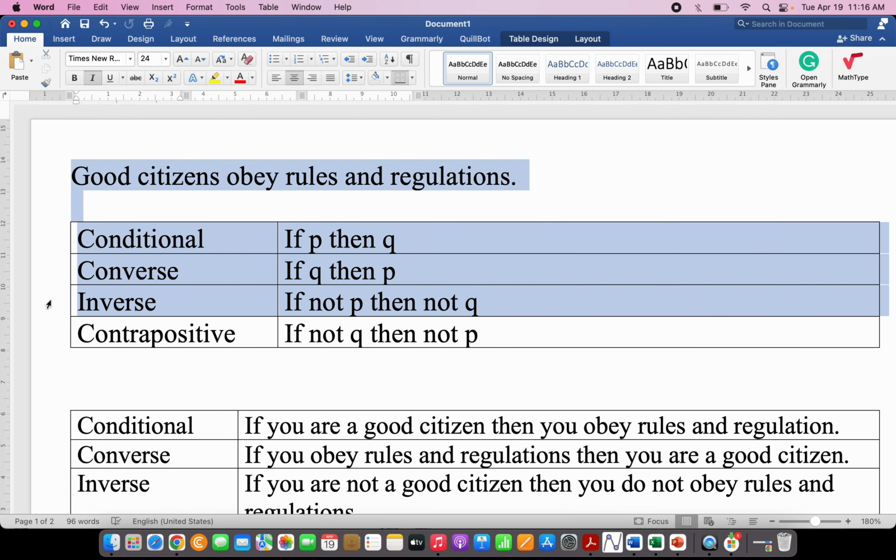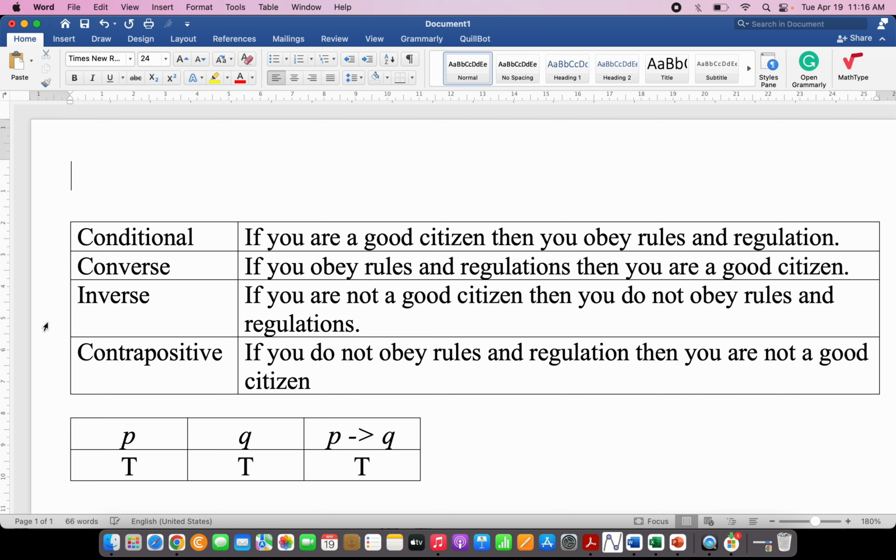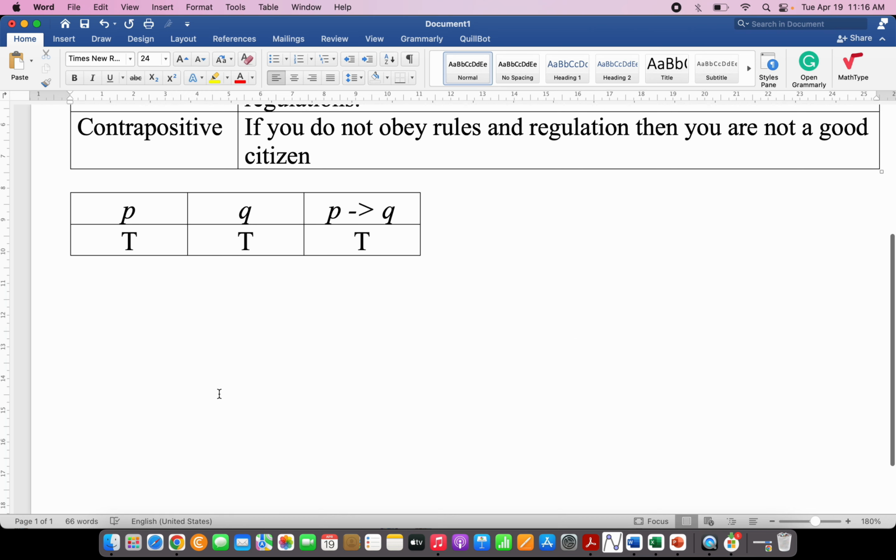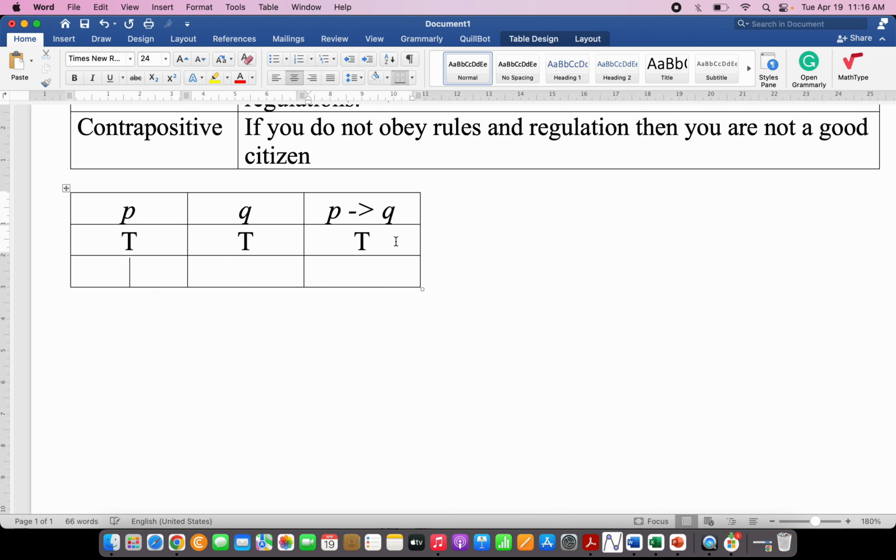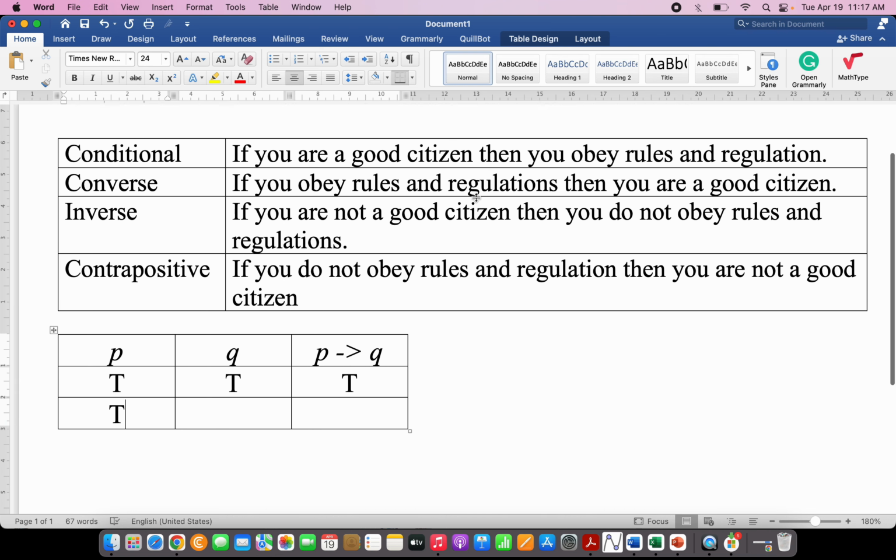Ano muna natin to? Ito yung number one. At true pa rin yung hypothesis mo. Then, if you obey rules and regulation, our conclusion rather, you are a good citizen. So, the conclusion is still true. Then, this is also true.